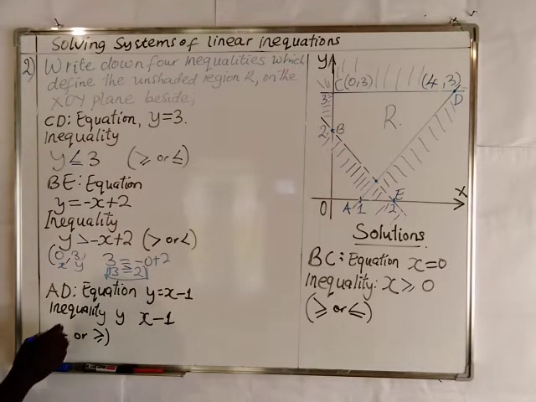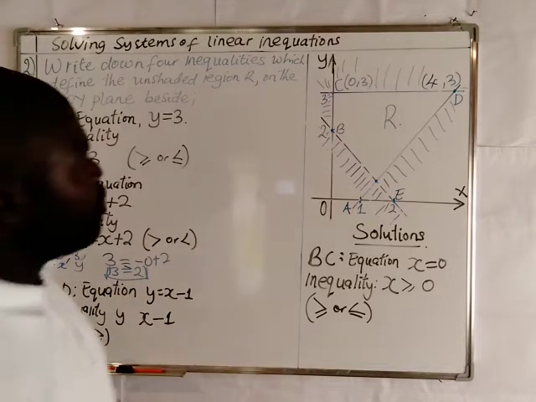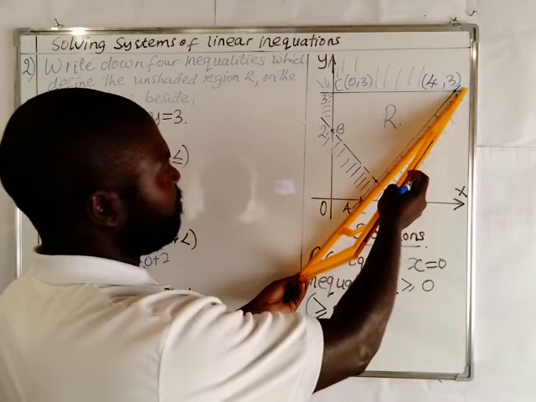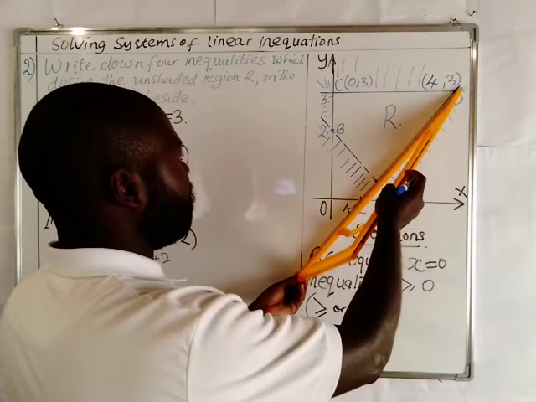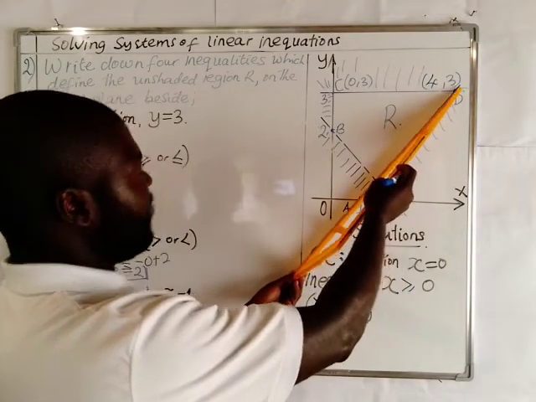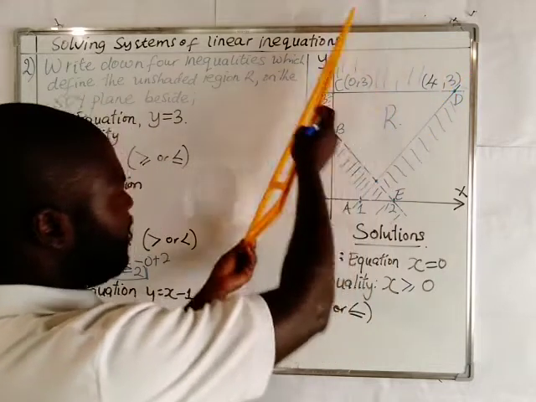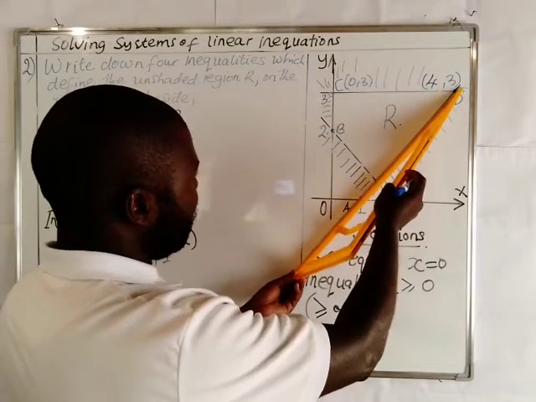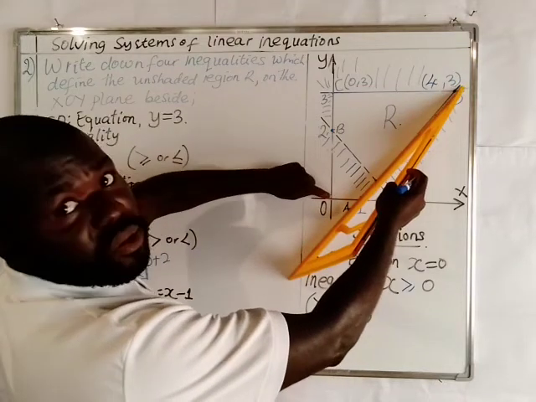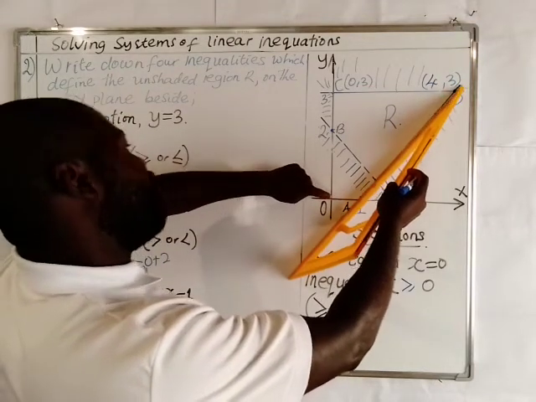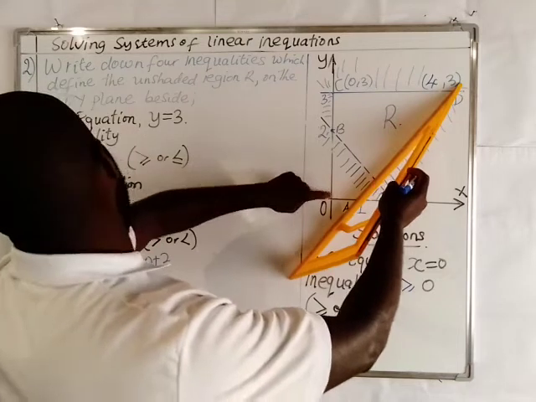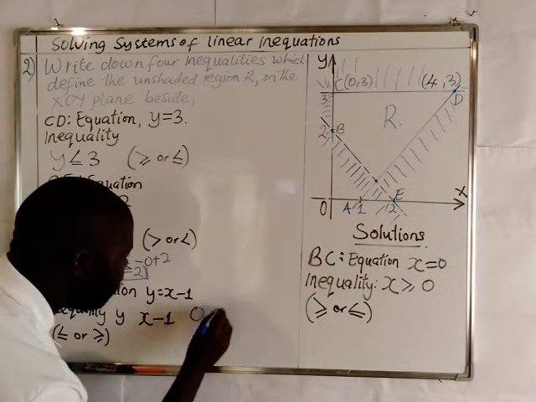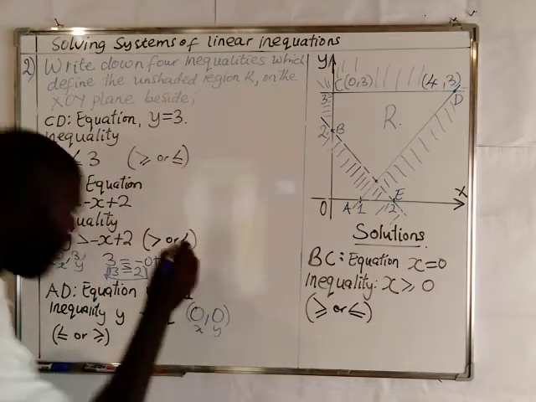To choose between them, we need a point of reference. The line is AD, and our region of interest is this side here, where the origin (0, 0) is. So for my point of reference, I'll pick (0, 0), in the form (x, y).